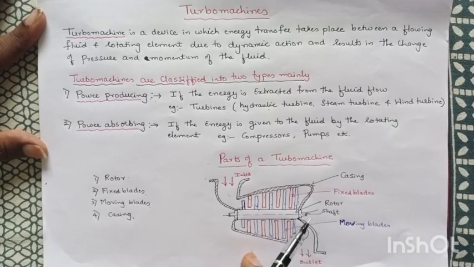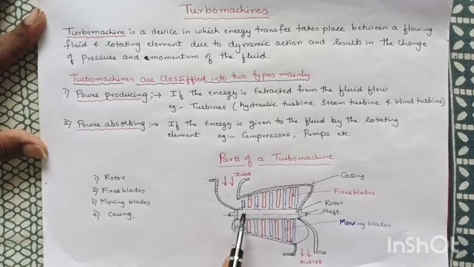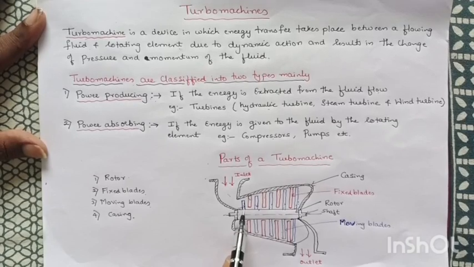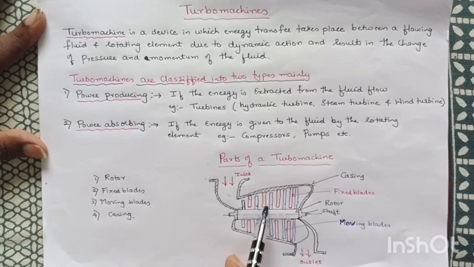As the steam flows over these moving blades, it is accelerated with the reduction in pressure and temperature of the steam, which causes the increase in the velocity of the steam when it is flowing over the moving blades. This increase in velocity creates a force which acts on these moving blades and causes them to rotate.